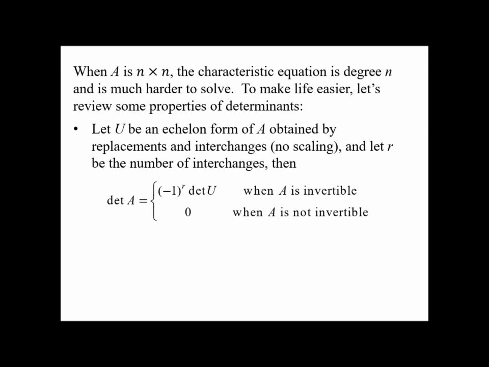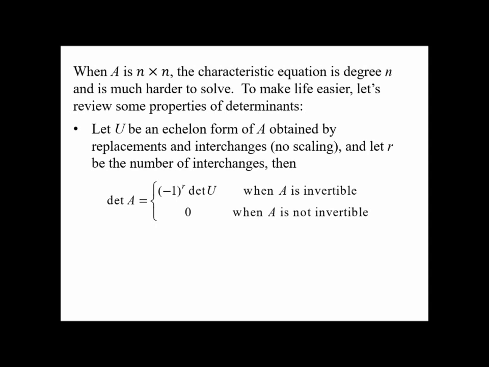As long as the row is replaced by itself plus a multiple of another row, the determinant does not change. If we were to scale, meaning multiply or divide a row by a constant, then the determinant does change. Also, switching two rows changes the sign of the determinant.